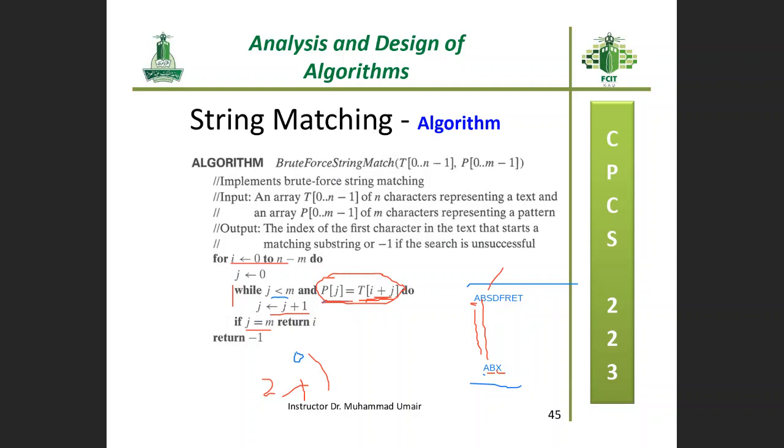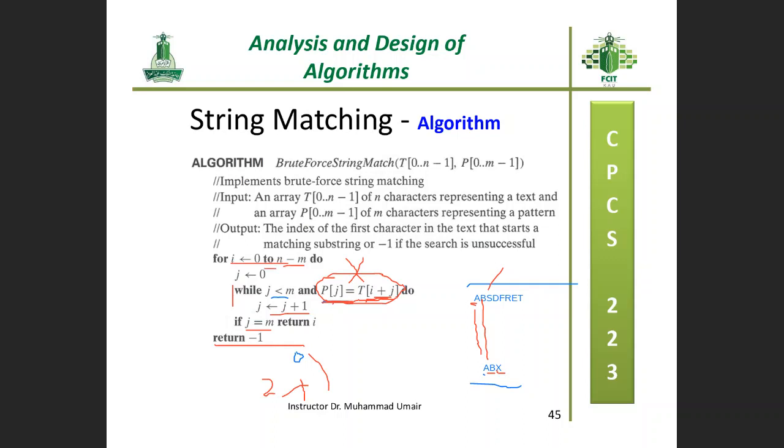Is that clear? And if for each and every value of i this condition remains false, it means you have not found the pattern in the complete text, and in that case you will return -1, not on the first mismatch. So whenever there is a mismatch, you will increment i.